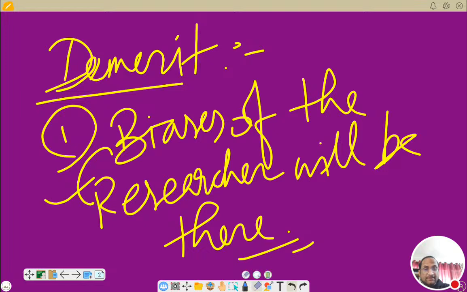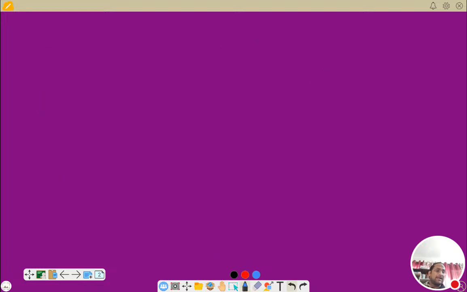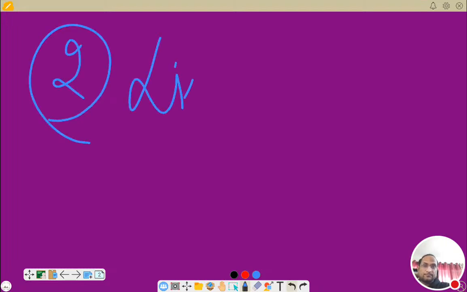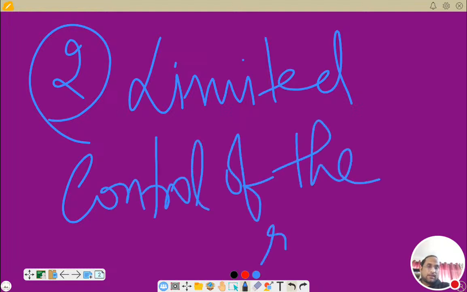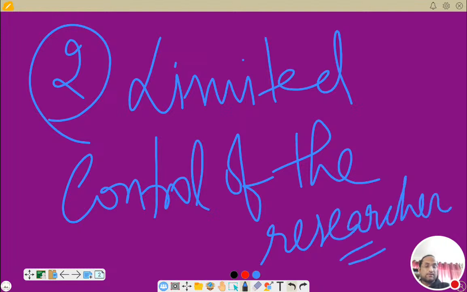Then what is the other factor? The other factor is that there is visibly no control or limited control. Limited control of the researcher or observer. This has merits because if there is no control by the researcher, then the ecological validity will be really high.